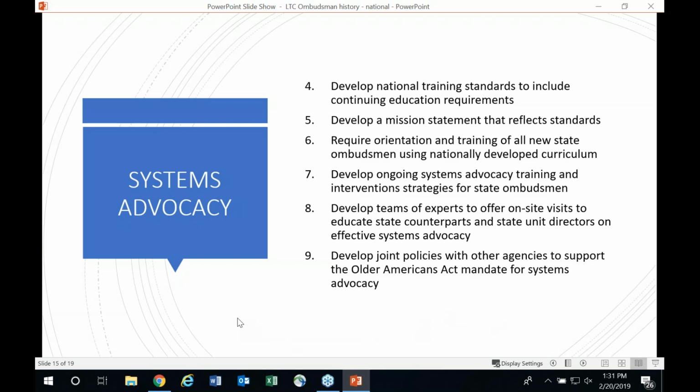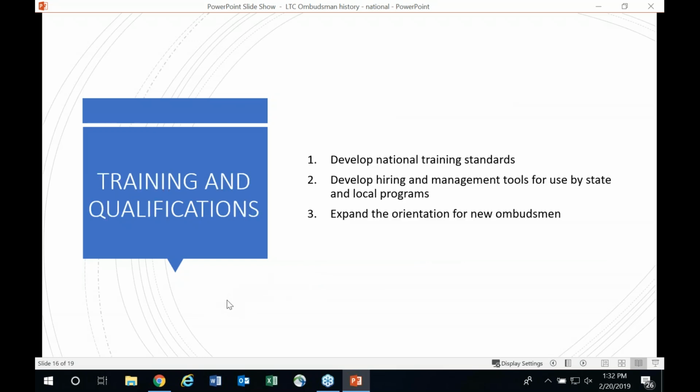So also, it was recommended that joint policies and other agencies develop systems together to support each other and the Older Americans Act mandate for systems advocacy.